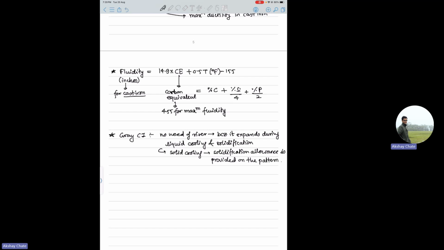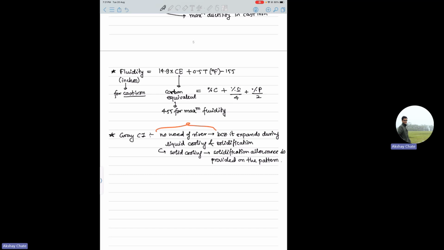The main highlight here is that if you are casting grey cast iron, you don't need risers because it doesn't need additional liquid metal to compensate for shrinkages. So that was one thing that is important, and this is only true for grey cast iron, not all cast irons.